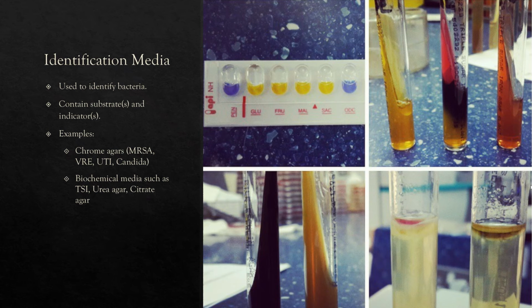The second chrome agar is for vancomycin resistant Enterococcus, and there are chrome agars for UTI pathogens. Similarly, there are chrome agars for Candida. And identification media also include biochemical media such as TSI, urea agar, citrate agar, etc.